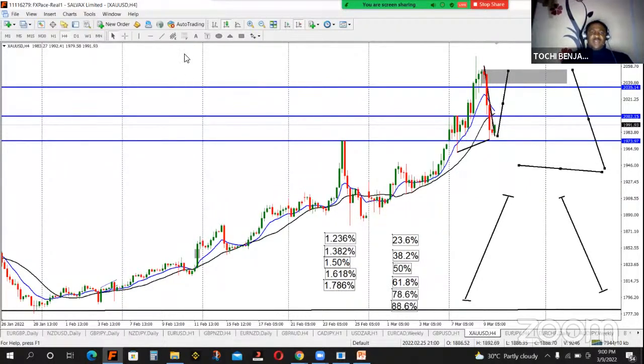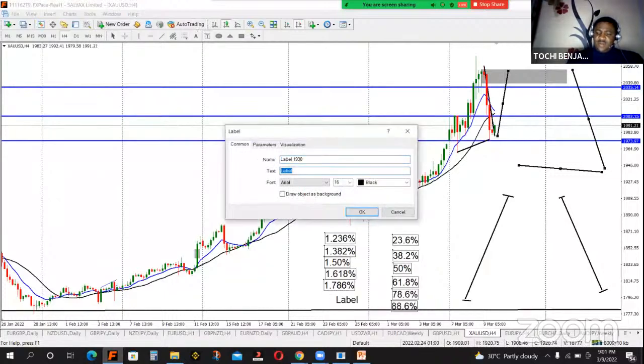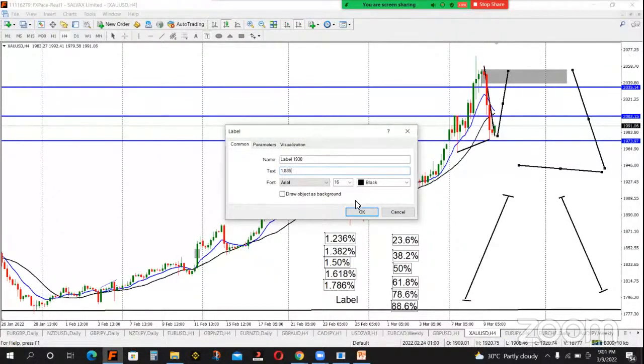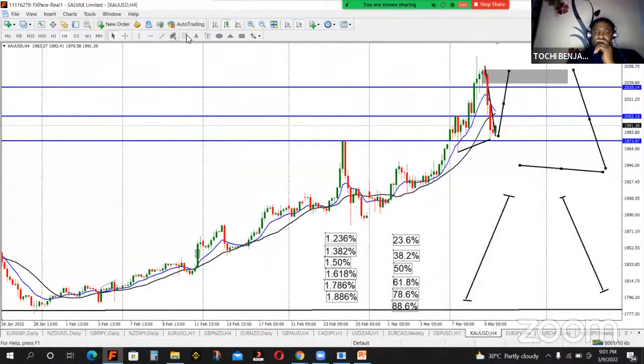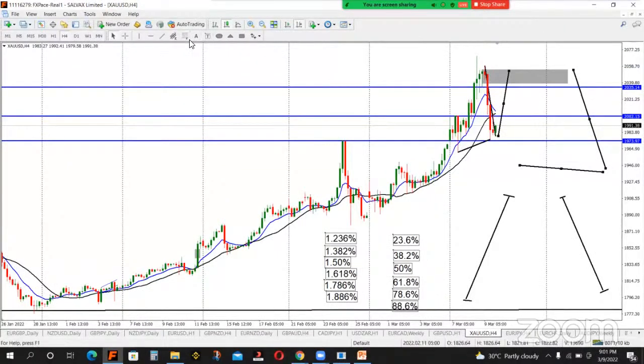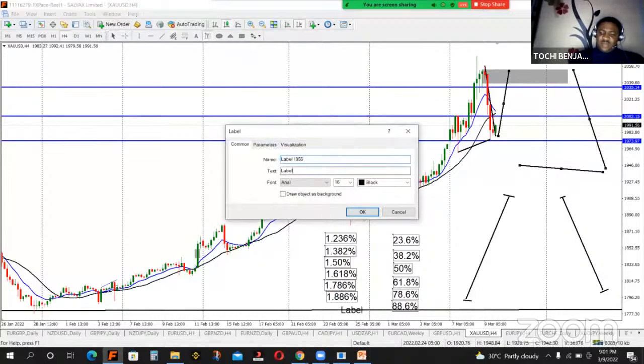We'll have 1.886, sorry. We have 2.618%. Let's drop the other ones on the chart.